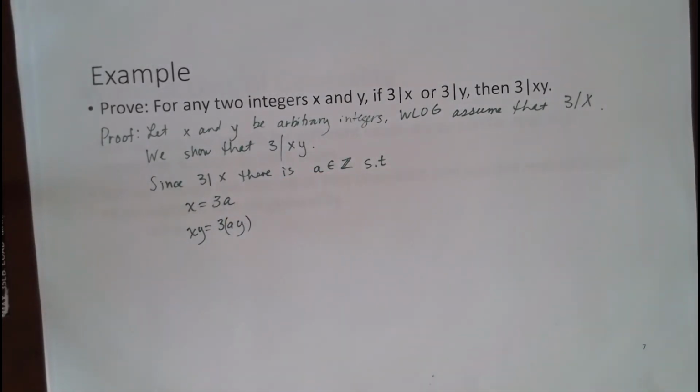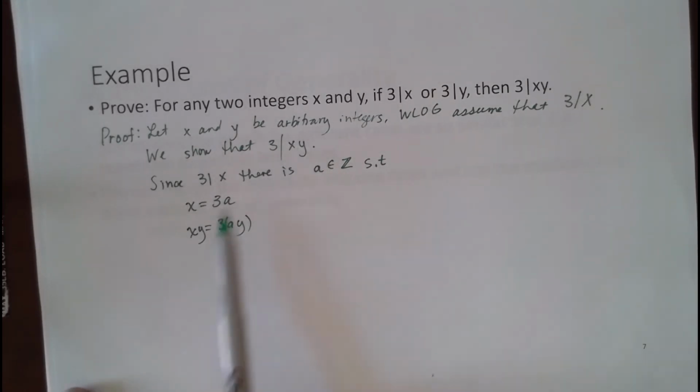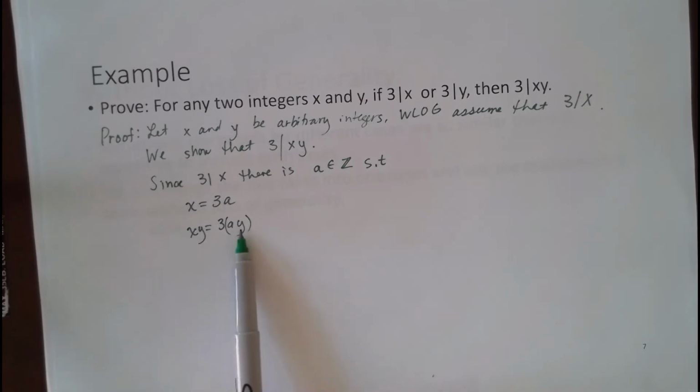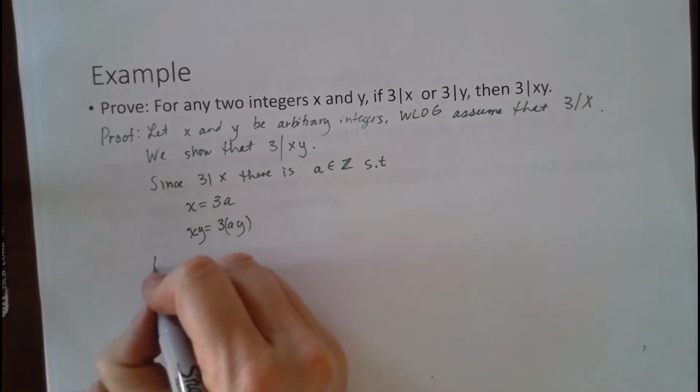And again, putting some carefully, wisely placed parentheses there helps me see, okay, does 3 divide xy? Well, if it did, then I would have to be able to write xy as 3 times an integer. So my only job is to show that ay is an integer. If it is, it meets the definition for divides. Okay.